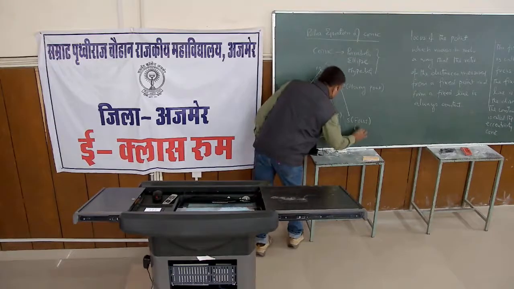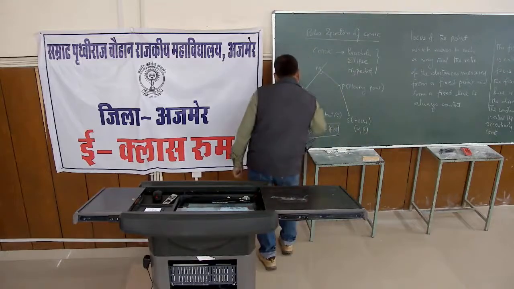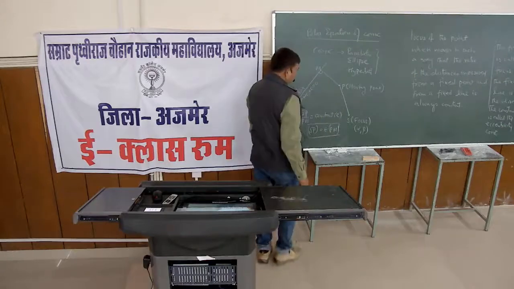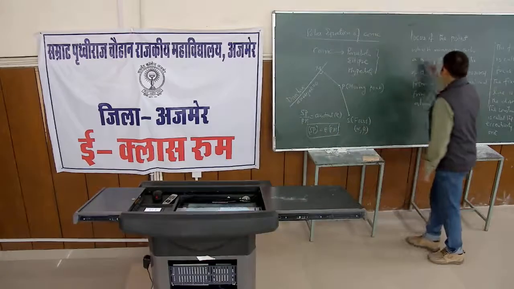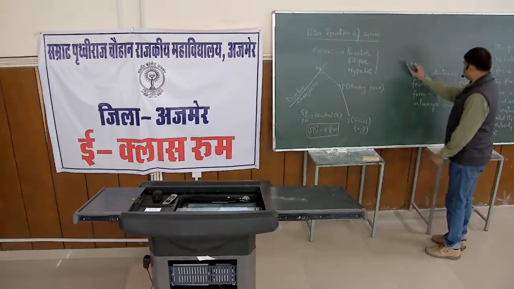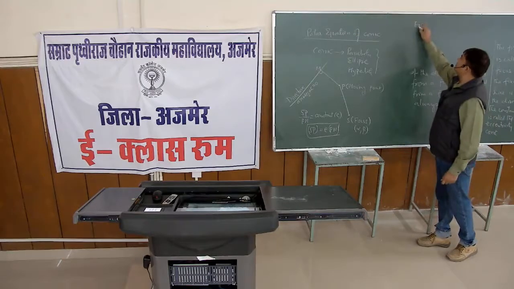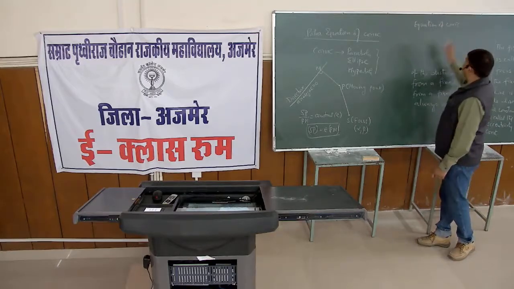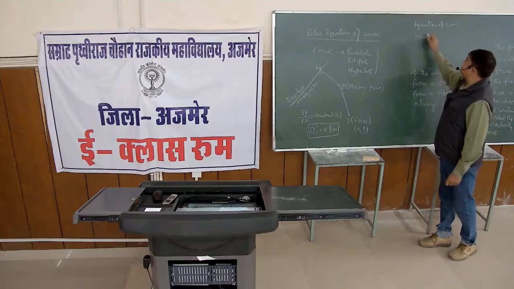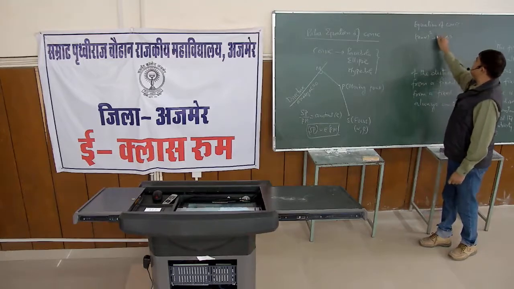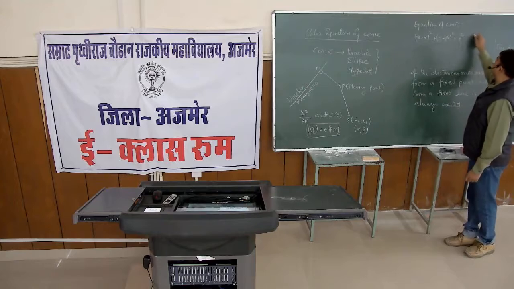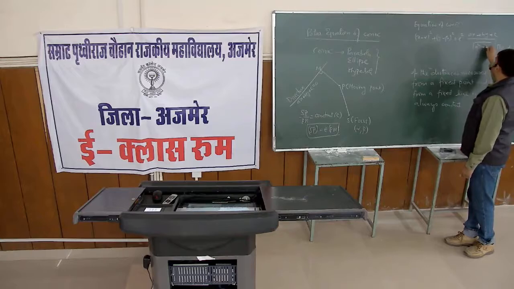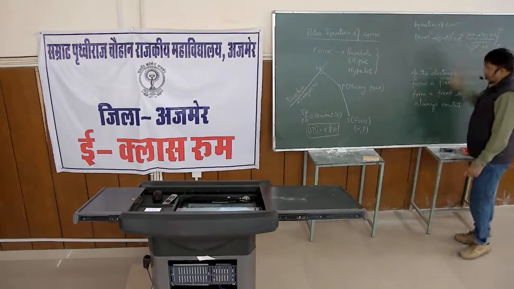So if we consider focus as (alpha, beta) and directrix ax plus by plus c equals 0, then the equation of conic is (x minus alpha) whole square plus (y minus beta) whole square equals e square times ((ax plus by plus c) upon under root a square plus b square) whole square.